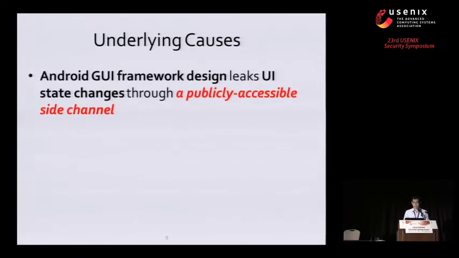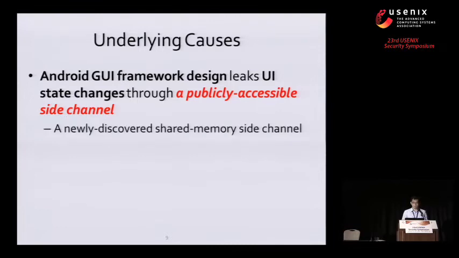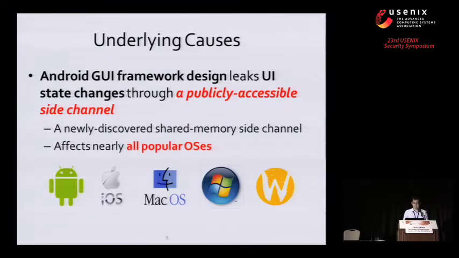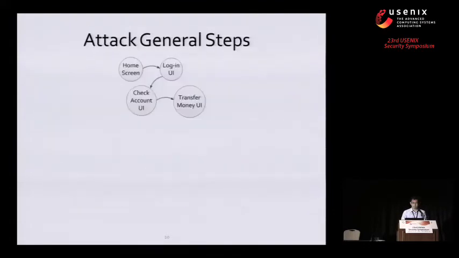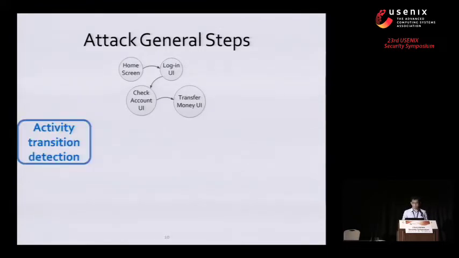The underlying cause for this attack is that in the Android GUI framework design, every US state change can be unexpectedly observed through a publicly accessible side channel, which is a newly discovered shared memory side channel, and we found it can affect nearly all popular operating systems. The general steps of the attack are like this. First, we detect the activity transition.